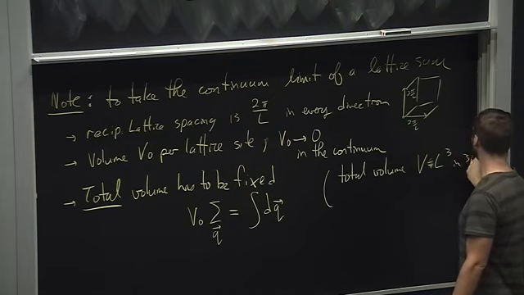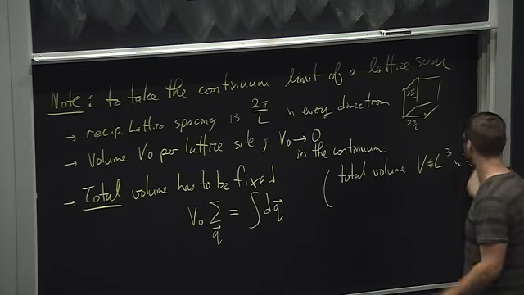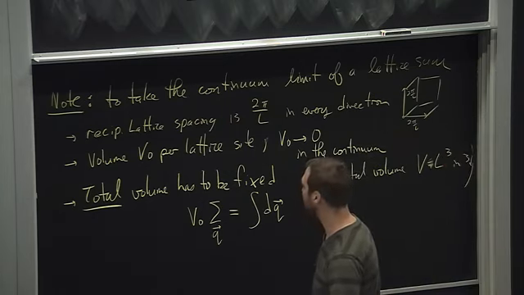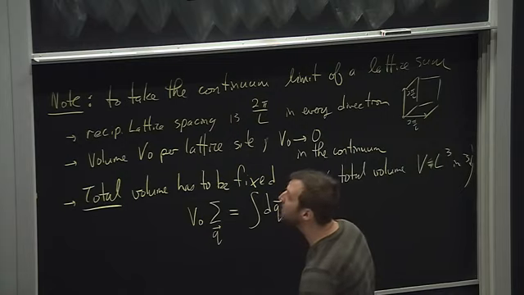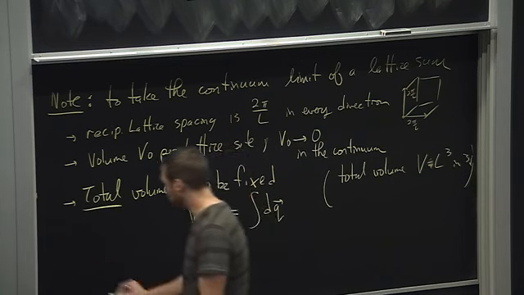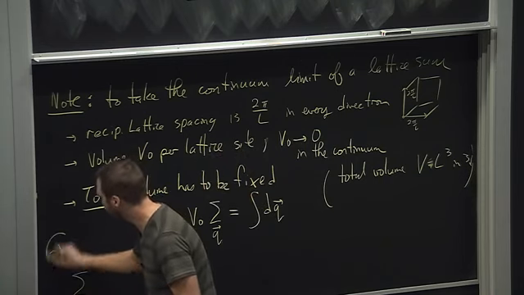What else? There's a density of states. It's volume over 2 pi cubed. I don't know if that matters. So I have lattice Fourier transforms. Every time I have a sum over Q, let's do 3D.